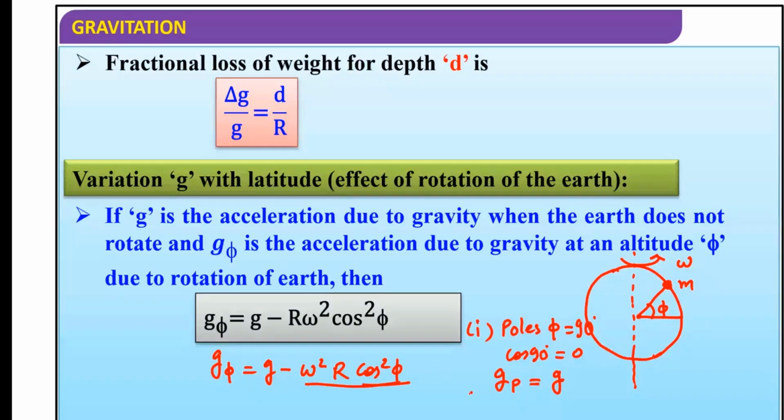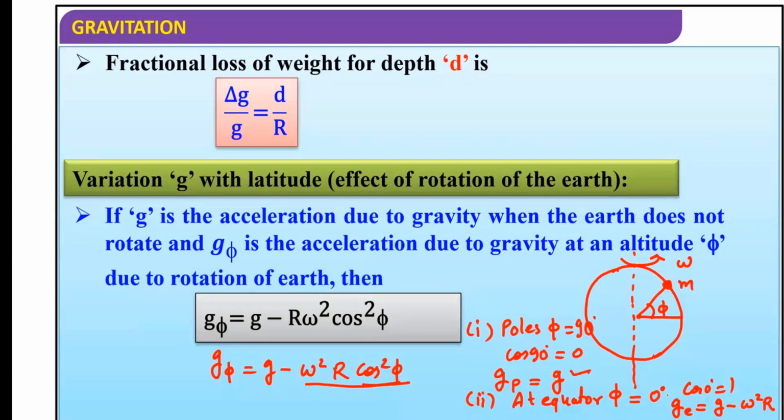The second case at equator. For the equator, simply we write phi equals 0 degree and cos 0 degree we know is 1. So at equator the value will be g minus omega square R. So that is the gravitational acceleration.